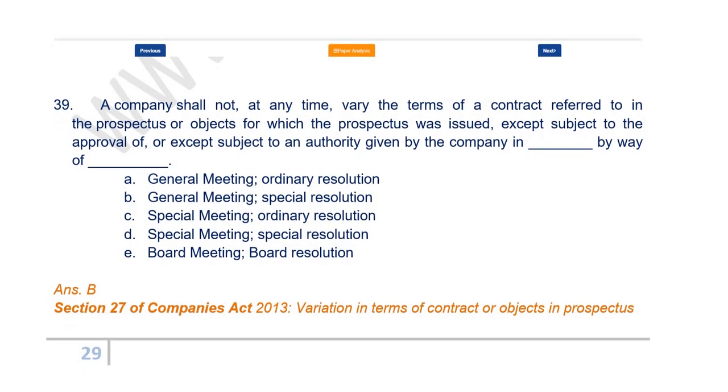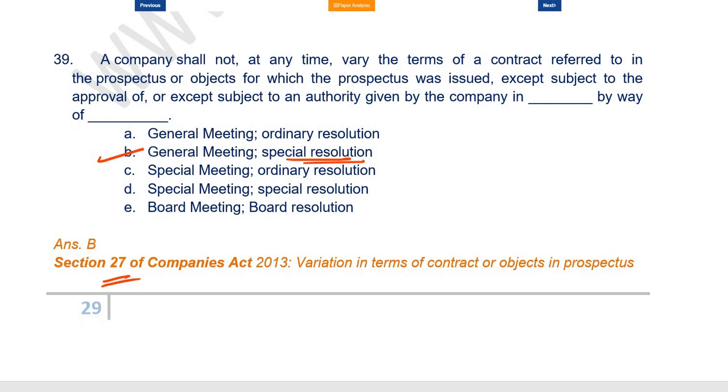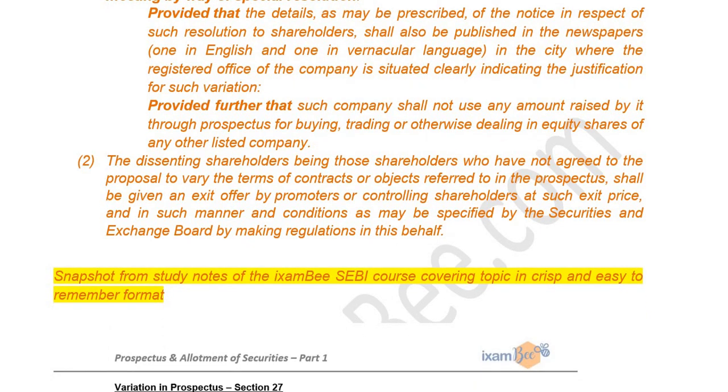Next question related to any variation if you do in the prospectus, then it has to be approved by whom. So it has to be approved by the shareholders in the general meeting, but through a special resolution. This is mentioned under section 27. A section based question on section 27 was actually asked in PFRDA phase 1.